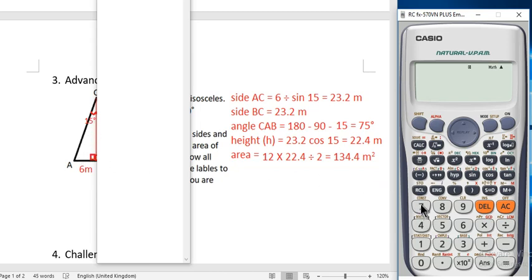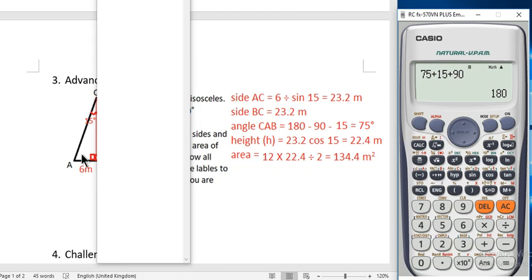Let's double check. 75 is our angle that we've just found there, plus 15, plus 90, which is our right angle, and they add up together to be 180. So the angles inside that small triangle are 180.